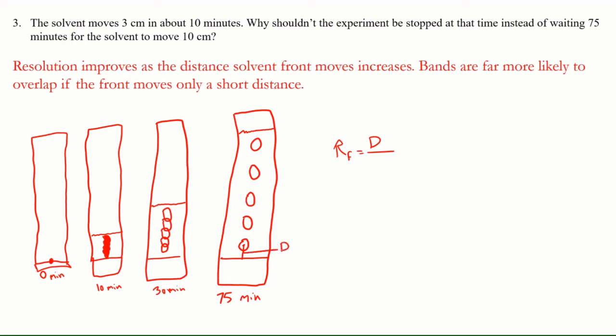And then from here to where the solvent traveled will be your denominator, and we'll call that L. So D is the distance the component moved, and the distance that the solvent moved, L, will be the denominator, and that will give you the RF value for all of your substances.